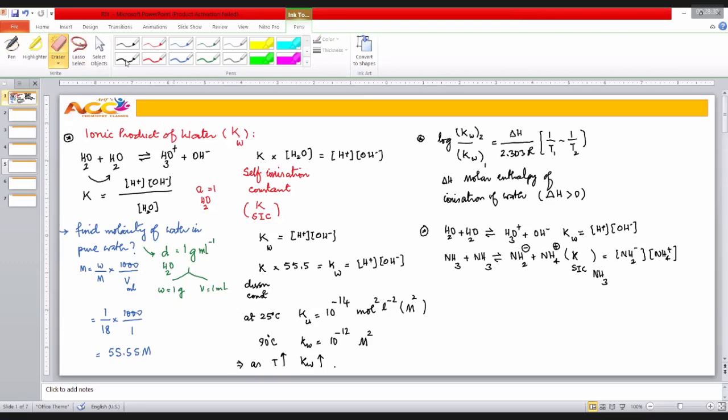Like this, you can go for acetic acid, you can go for formic acid. Say, for example, one examiner created a question: formic acid is made to react with formic acid. One will be losing a proton, giving formate ion. One will be gaining a proton, giving HCOOH2+, protonated formic acid.